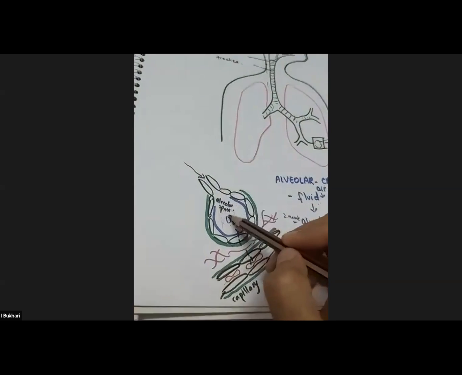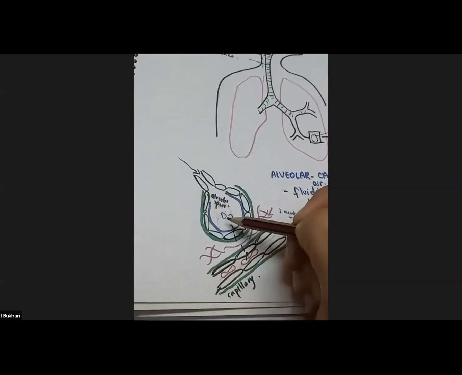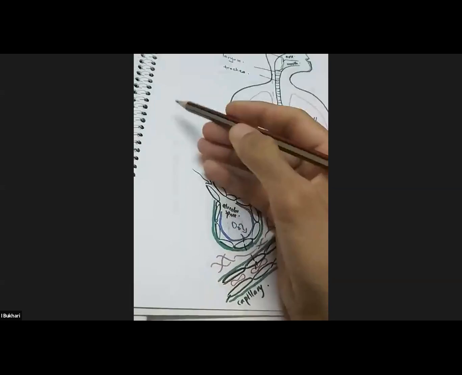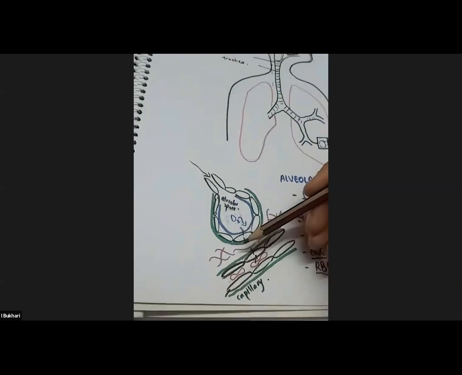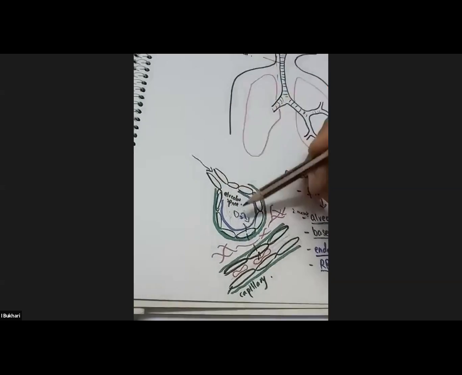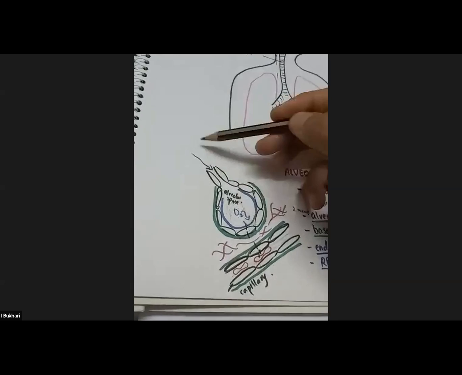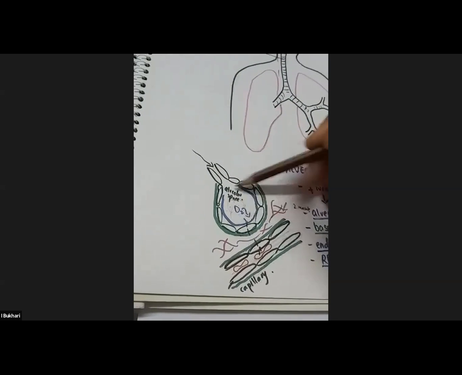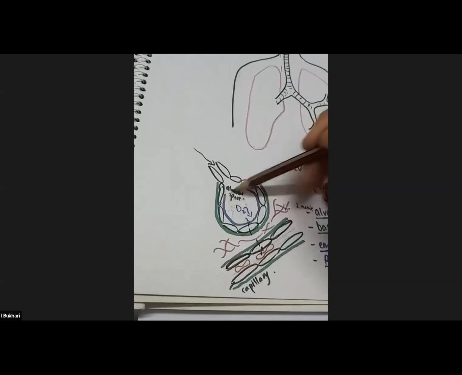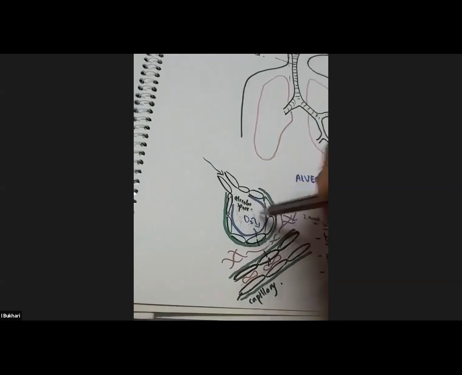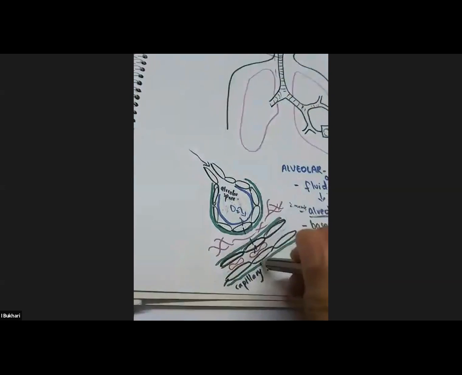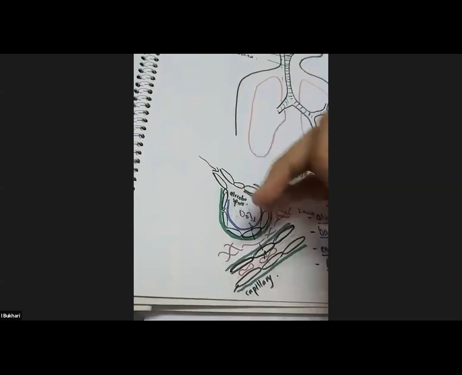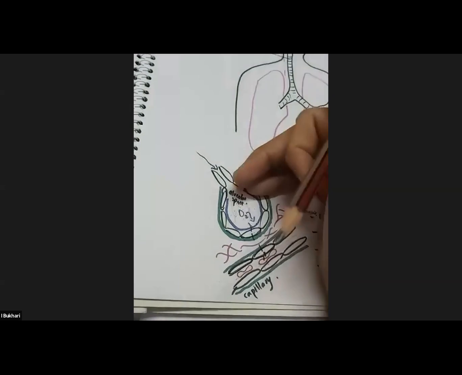Now, what makes sure that the oxygen concentration in the alveolar space is always high? By constant breathing, by repeated inhaling. By repeated inhaling, we are introducing fresh air, and so maintaining constant high concentration for oxygen. So high oxygen, low oxygen, and vice versa for carbon dioxide.